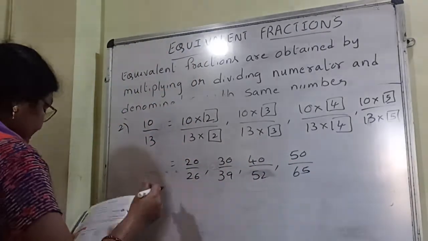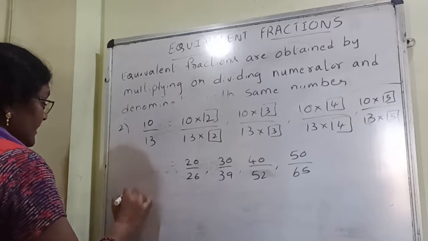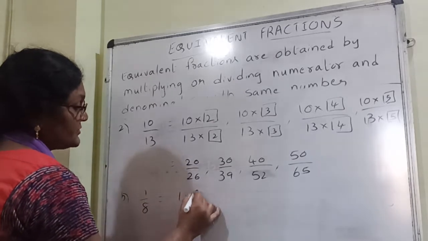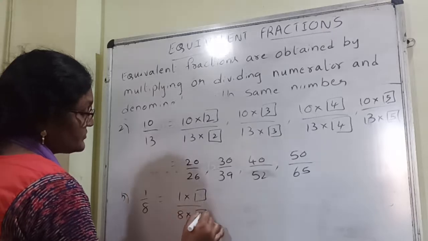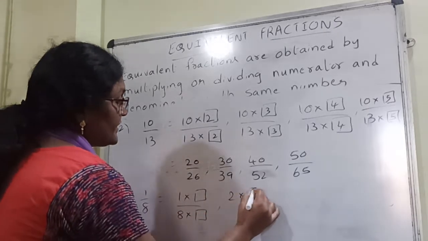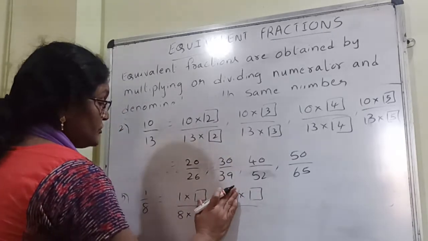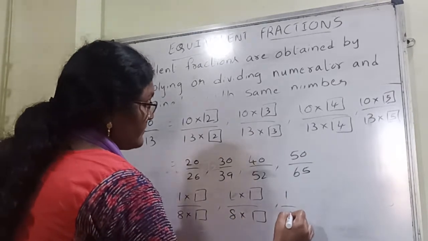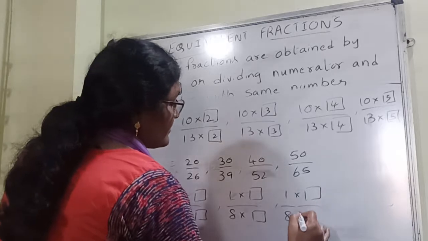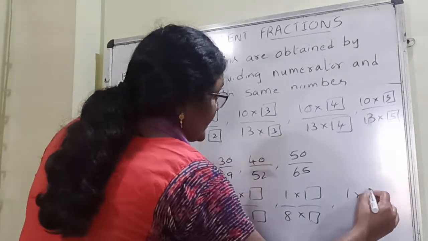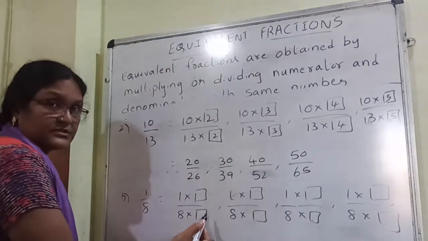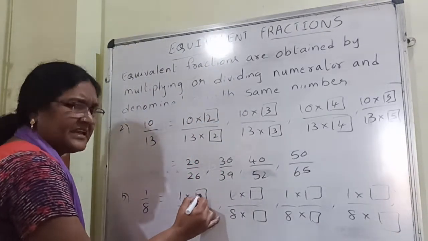Next, in the same way, B, 1 by 8. So 1 into a number by 8 into the same number. So let us choose one number. You can take anything.